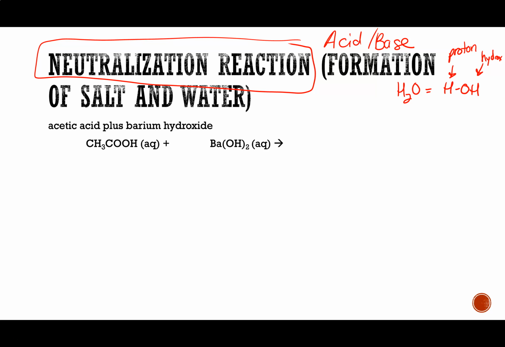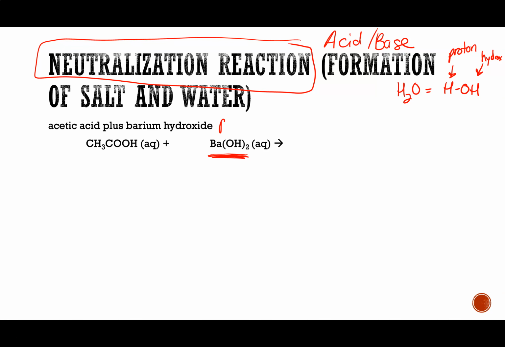We also then learned that a Bronsted-Lowry acid is a proton donor, and that a Bronsted-Lowry base is a proton acceptor. We also looked at memorizing the common acids and the common bases. One thing I want to draw to your attention is that when we talked about the bases, we said that they were hydroxides of group 1 and some group 2 metals.